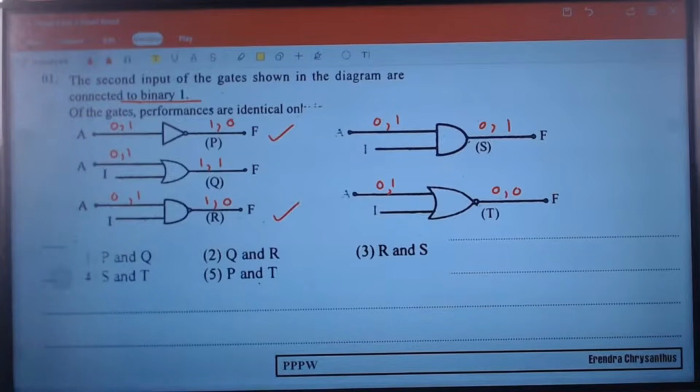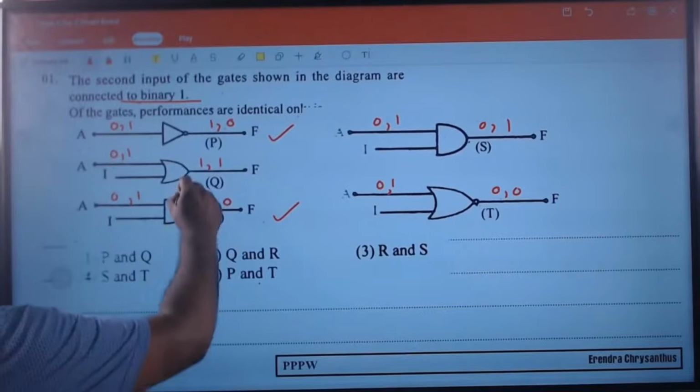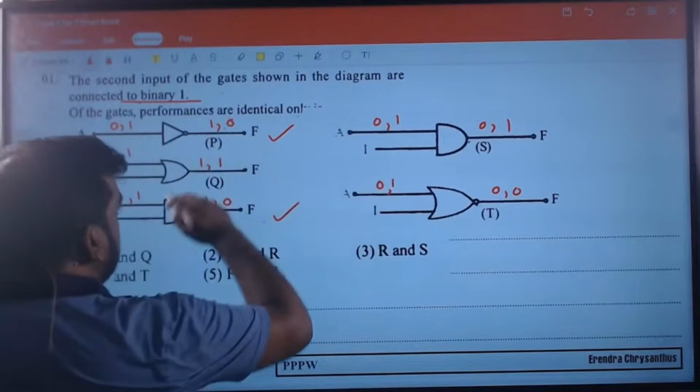Again look, the output binary is given. Here the gate is the NOR gate. There is a small difference in the original.